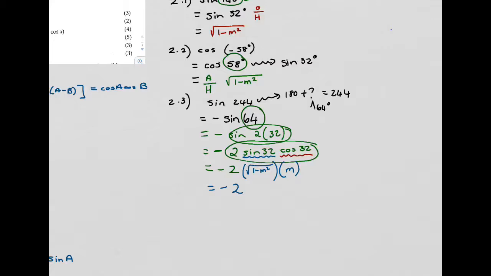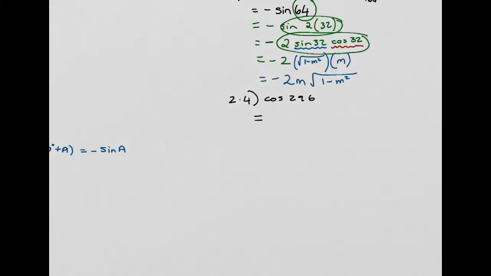So we have negative 2m into the root of 1 minus m squared. Please don't multiply into the root. It is not a bracket, and please don't square the root away. We're not working in an equation, we're just simplifying. So if you want to square, you'd have to square both sides, and you don't have another side. It's an expression, not an equation.